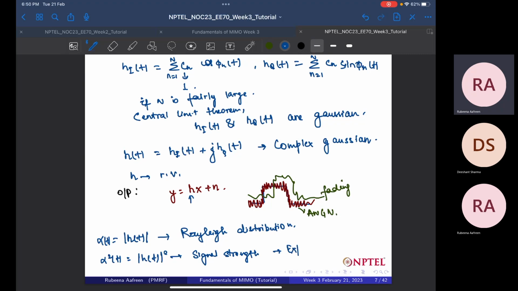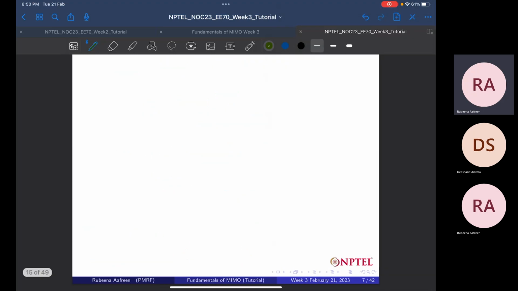This is given as exponential distribution. So maybe you just write the PDFs, do this homework because this is very important. So you try to find out the envelope and the signal strength. It should come as Rayleigh and exponential. We will move on. I am not going to describe this thing, but if you have any doubt, you can mail me or ask me anywhere.